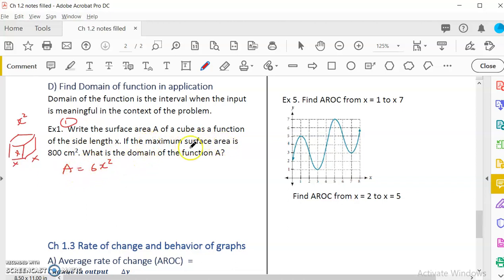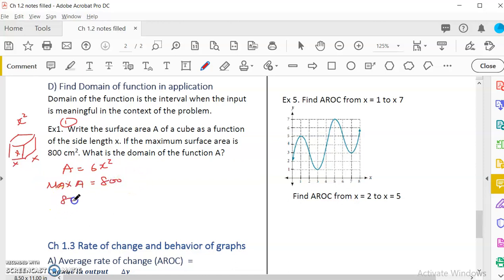Now, if the maximum area is 800 cm squared, what is the domain of the function? So x can be any number. If you just look at it in a nutshell, this is a quadratic function. It could be any number, but because there is a restriction that the maximum surface area is 800, let's say the maximum A is equal to 800.